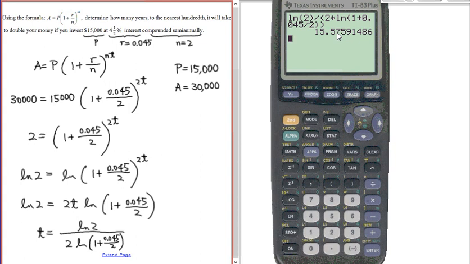So it will become 15.58. The unit would be years. So it would take 15.58 years to double your return.